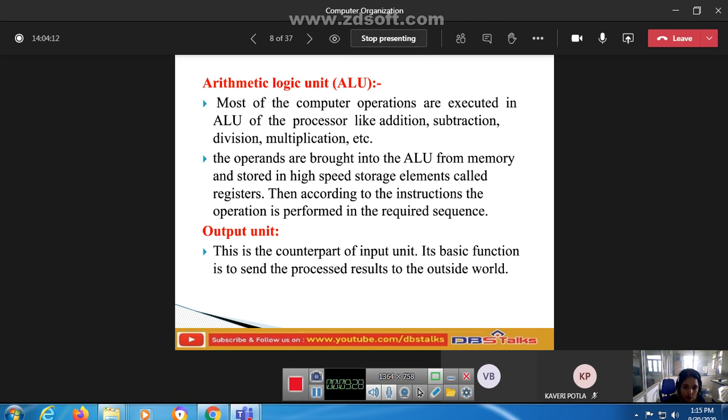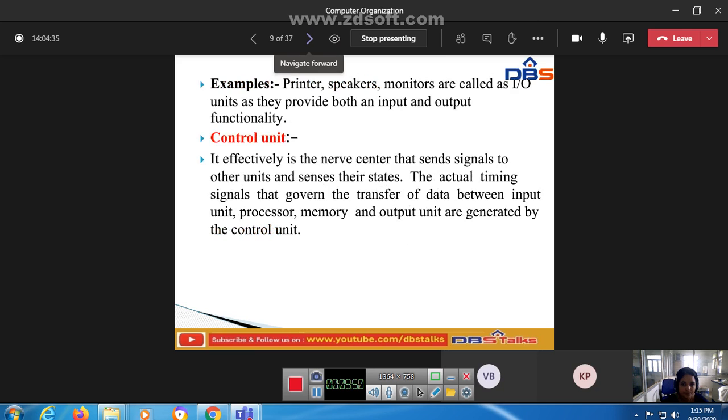Next, coming to the output unit. This is the counterpart of the input unit. Its basic function is to send the processor results to the outside world. Examples are printer, speaker, and monitor. Some devices are called input-output units, as they provide both input and output functionality. Next, coming to the control unit. What is meant by control unit?